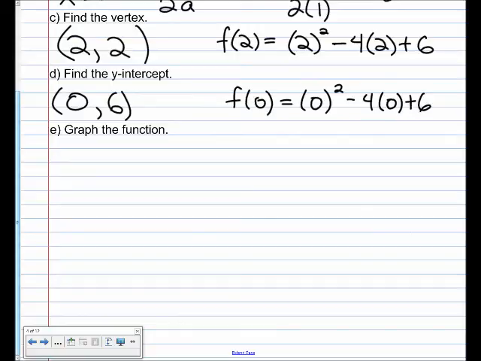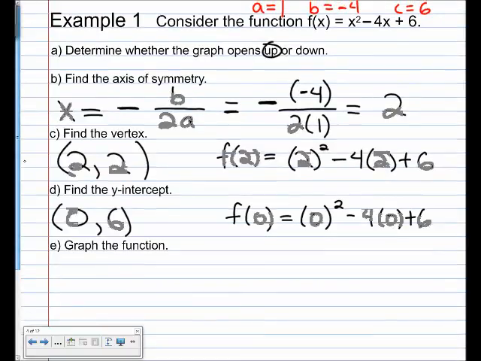What's 0 squared? 0. What's 4 times 0? 0. 0 minus 0 is 0. So nothing plus 6 is 6. So that's why it's 6. All right, so it's always 0, C. Now would be the time to ask questions about how I found any of this stuff, because you'll be asked to do this shortly.